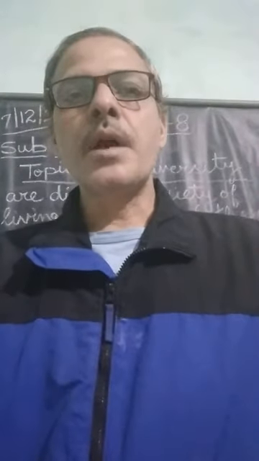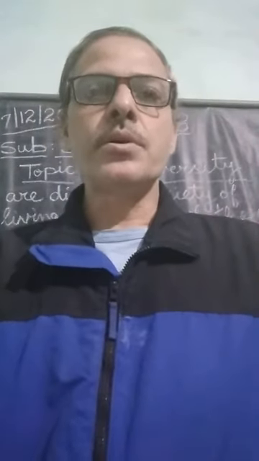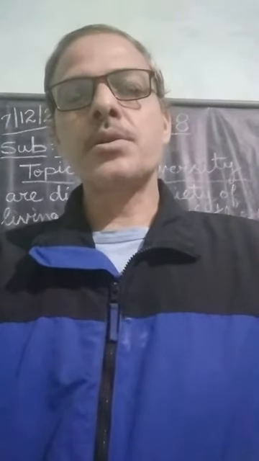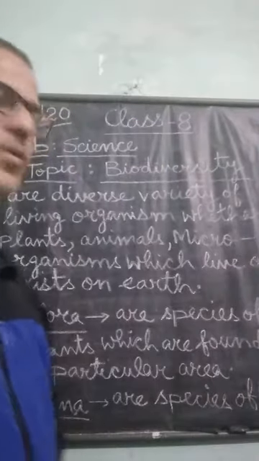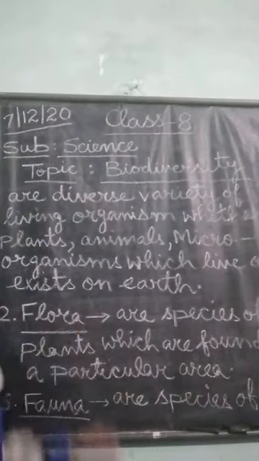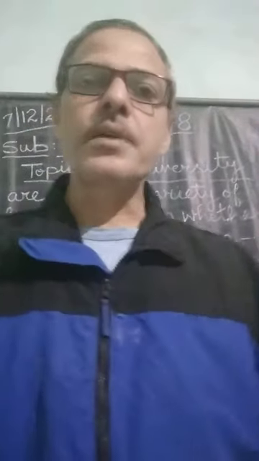Next to this, I would like to explain two more things, that is, what do you mean by flora and fauna? So first I will explain the flora. Floras are species of plants which are found in a particular area or a region.